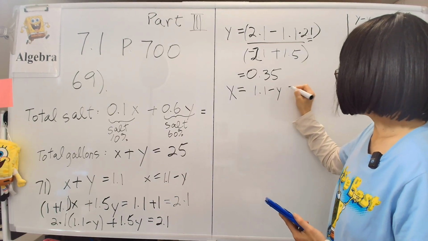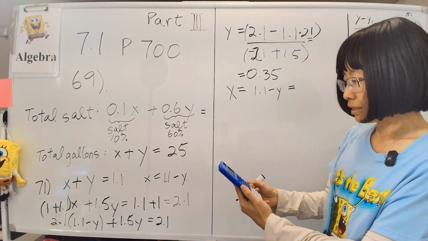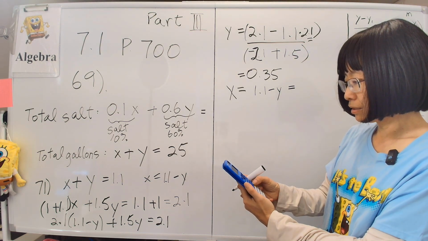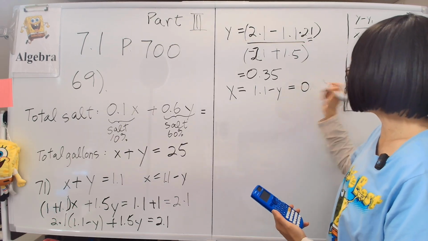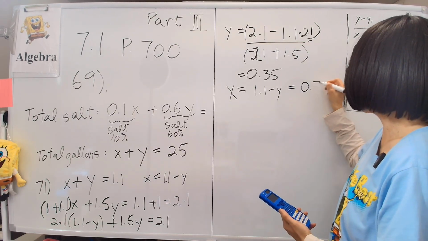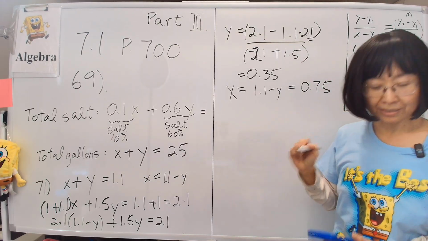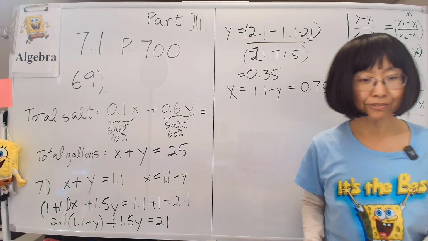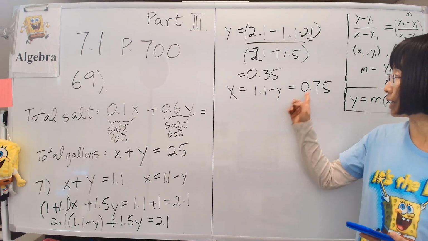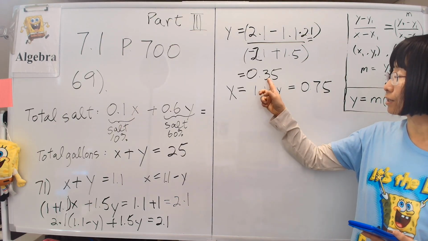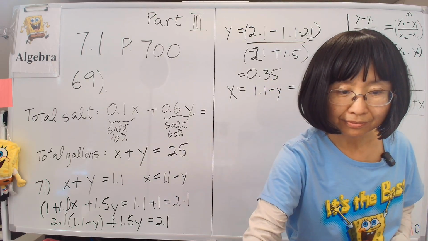Minus y, that would be equal to 0.75. That you can also do in your head, I guess. Maybe I should have done that. $0.75 million, and that's the right answer for problem 69. Let's see, did I write it down? Yeah. So x is 0.75. Well, once we got the x, the y comes out much easier.